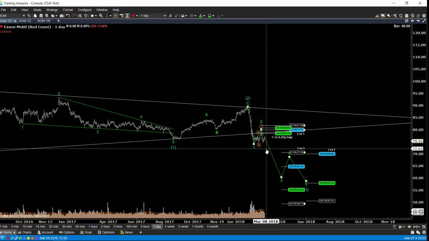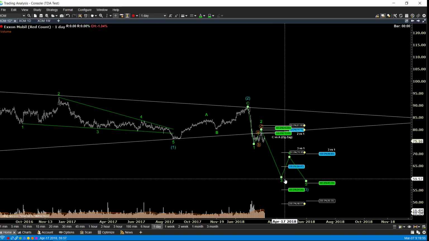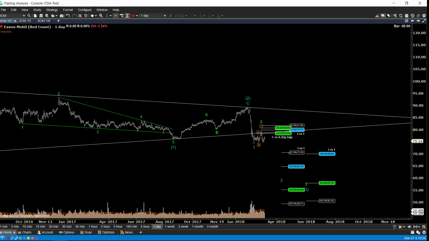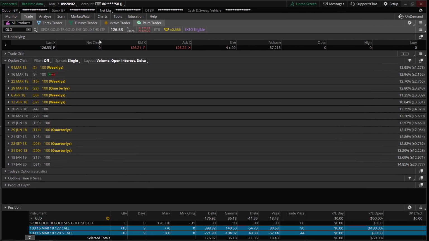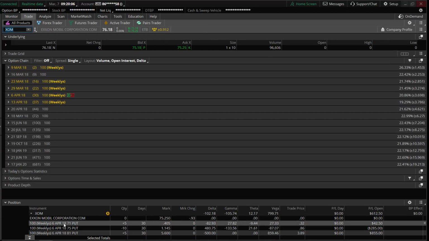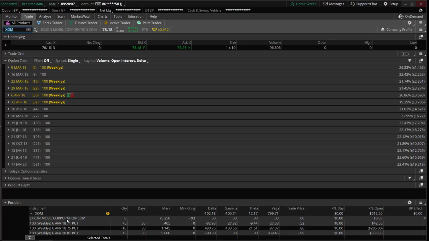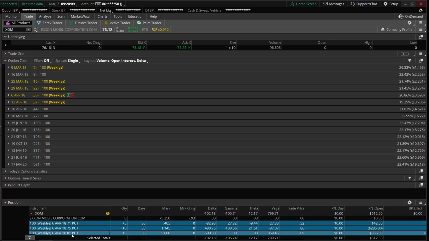But if this count is correct, if this is a wave 3 drop in Exxon, one of the largest market caps out there, holy cow, that's not going to be good. So we have this trade on as well in XOM: the 71, 75, 81 unbalanced put fly, in April. Up a little bit of scratch on that trade right there.